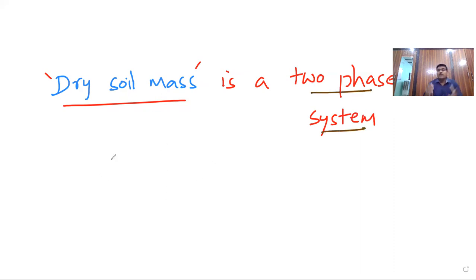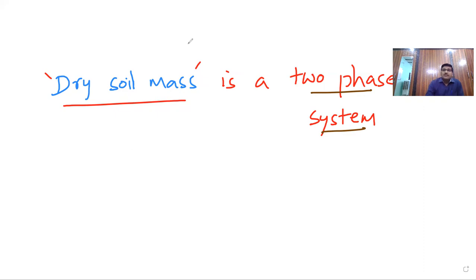Because it is having only two parts. One is the particles, the other is the voids in the dry soil. Clear? Voids may be filled with the air inside, but there are only two things: soil and voids. Hence, this is known as two-phase system. Is it clear? Now, observe this.